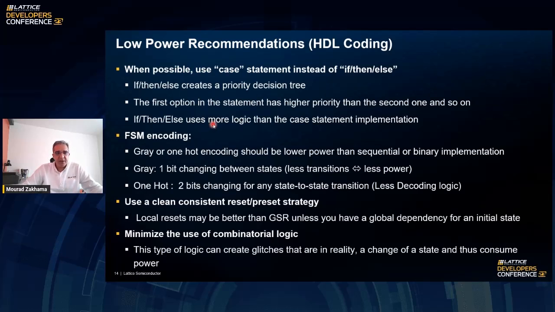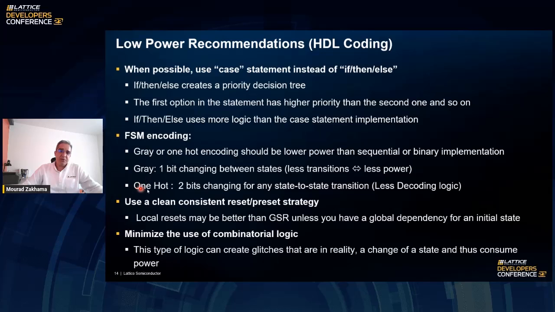Also FSM encoding. For finite state machine encoding, the type of encoding will have an impact on power. I mean, gray or one-hot encoding should have a lower power consumption than sequential or binary implementation. The reason is that in gray implementation, only one bit changes between states, so less transition, meaning less power.